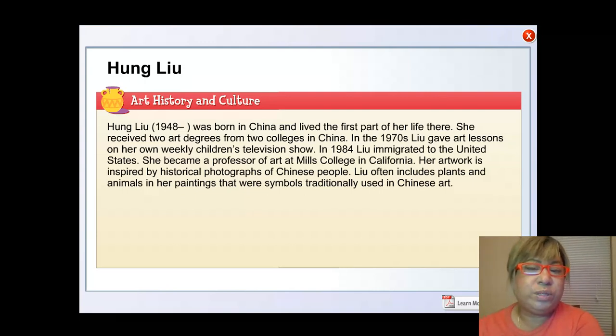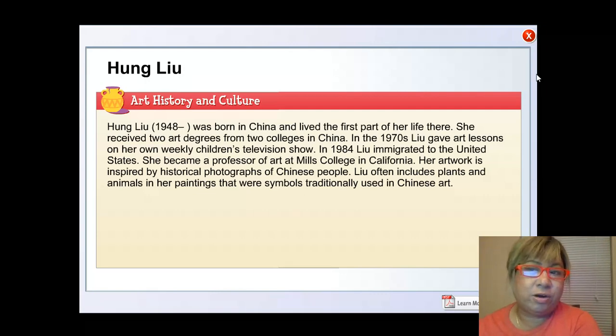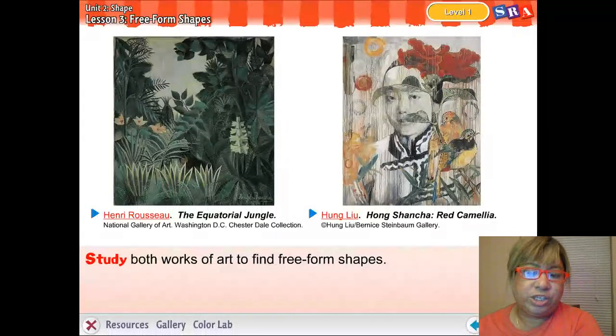And then she eventually immigrated to the United States, and she became a professor at a college in California. And so she would use a lot of photographs from Chinese people, and then she would use them and include them in her artwork, and always use some kind of plant or animal in her painting that were traditionally used in Chinese art. So let's check this out.